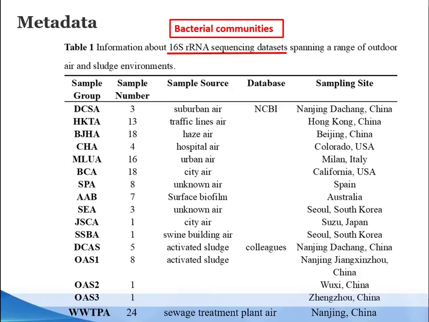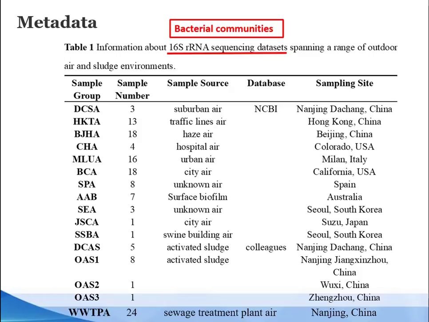The air environments include air collected from wastewater treatment plant, suburban, traffic lines, smoke and haze, hospital, urban, atmospheric biofilm, and swine building.